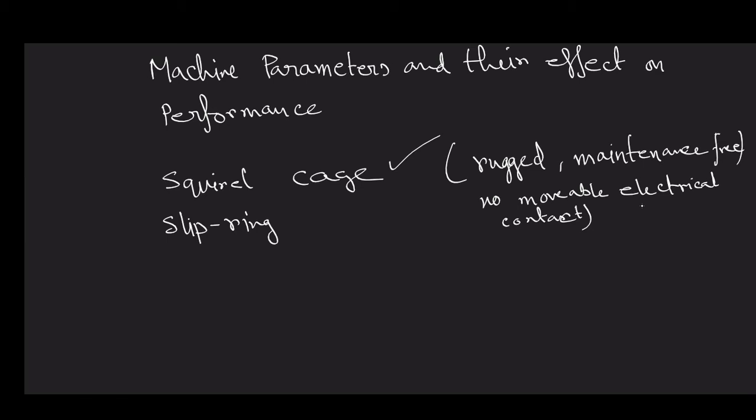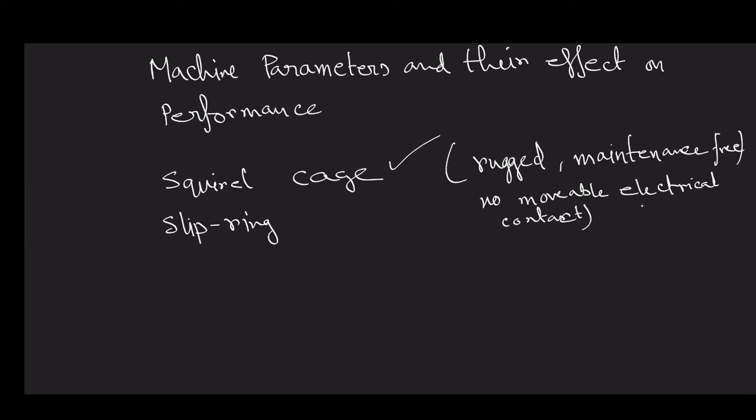If combustible gases like methane and ethane come in the proximity of the machine, and inside the machine continuous sparking takes place during operation, there is a chance of a catastrophic accident. So these are all the advantageous sides of the squirrel cage machine, but we know that nothing comes to us free of cost.